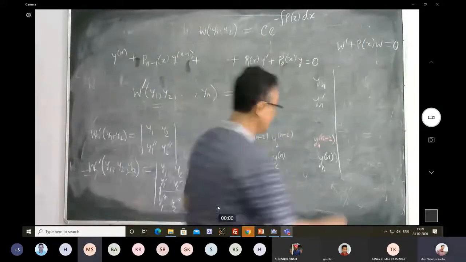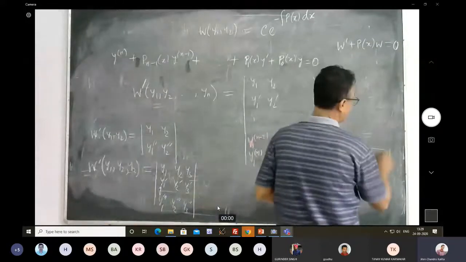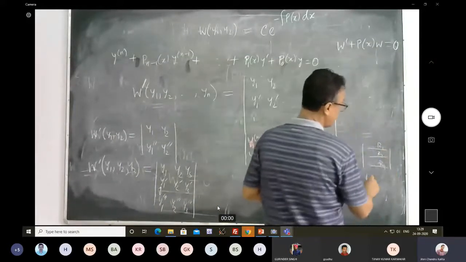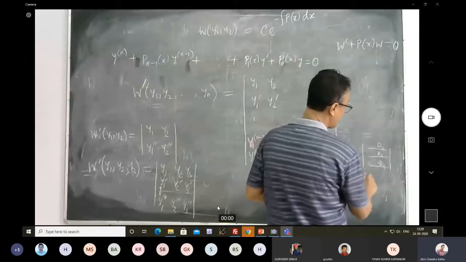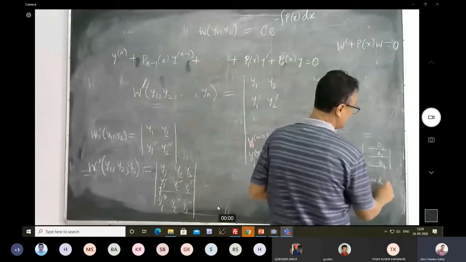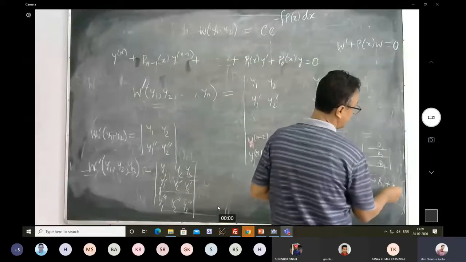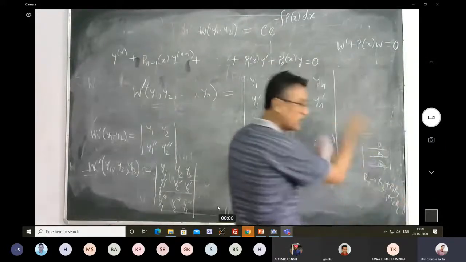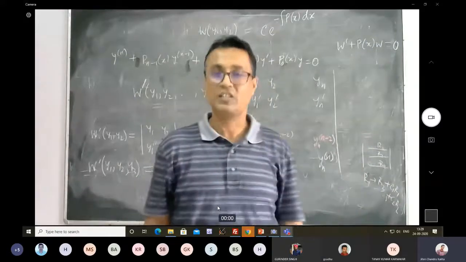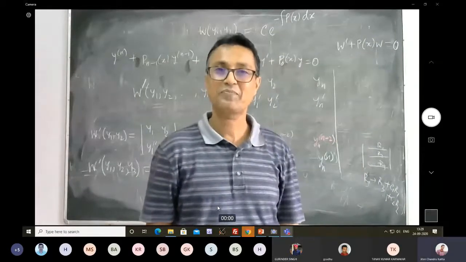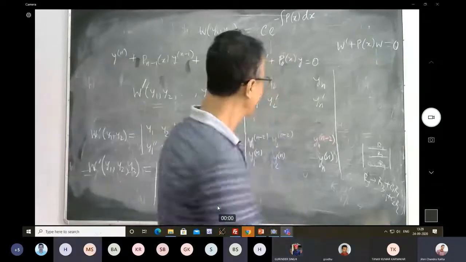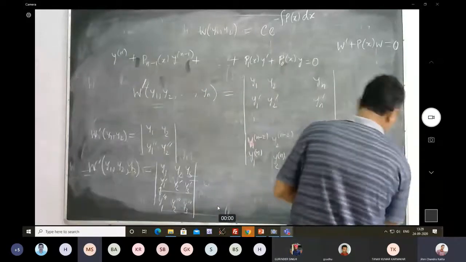Suppose I have row 1, row 2, row 3. If my new row 3 is row 3 plus C1 row 1 plus C2 row 2, the value of the original determinant doesn't change. Is it okay?